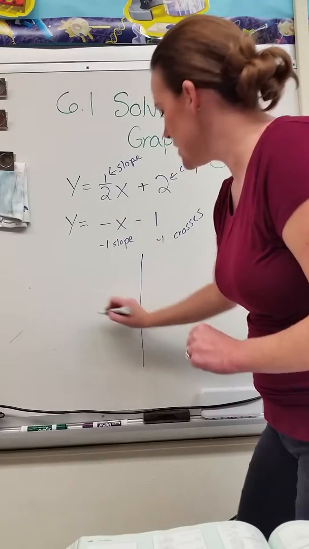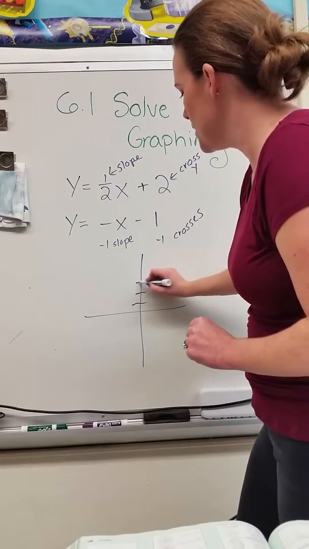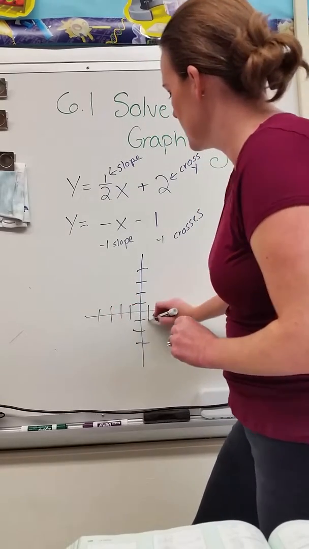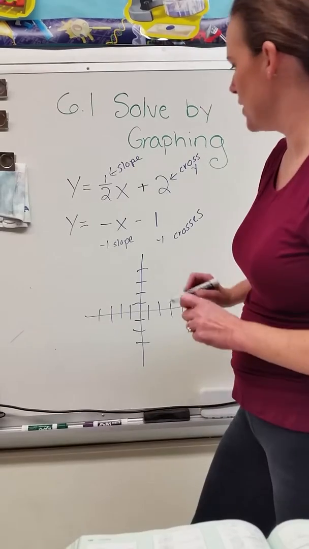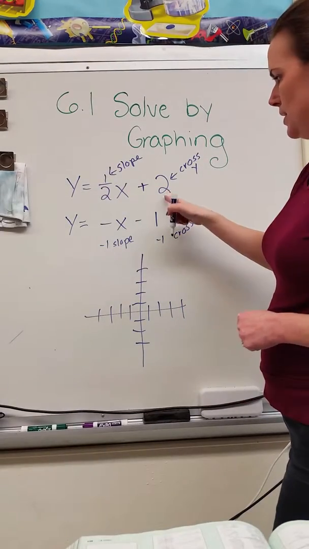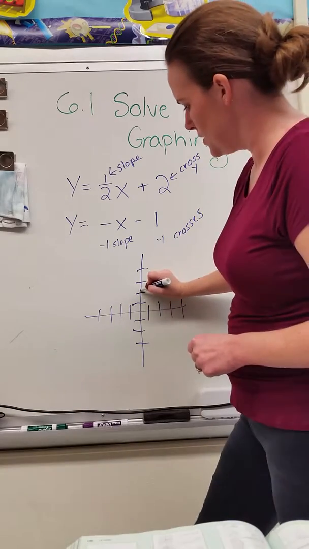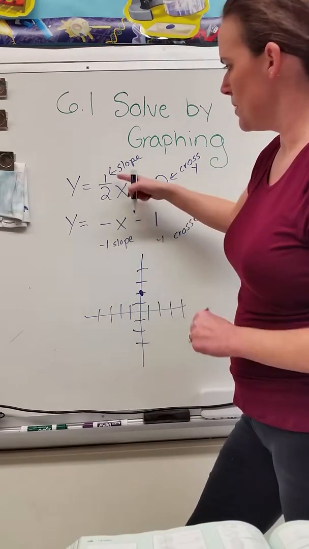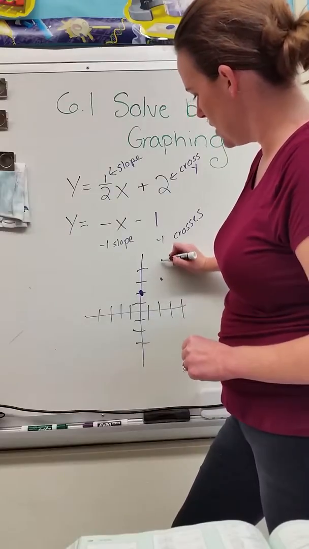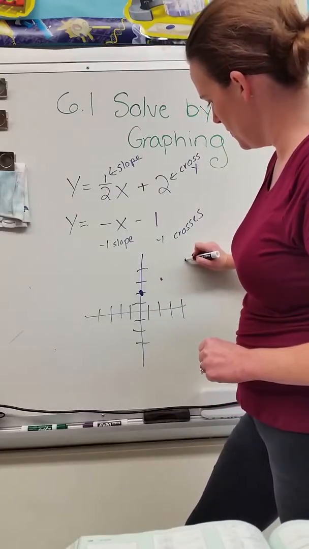Here's where you almost have to have graph paper and a ruler to use this method effectively, because as you see, mine is not going to turn out very nice. But this first one, it's crossing at 2, so I'll plot that 2. My slope is 1/2, so I'm going up 1 over 2, up 1 over 2.